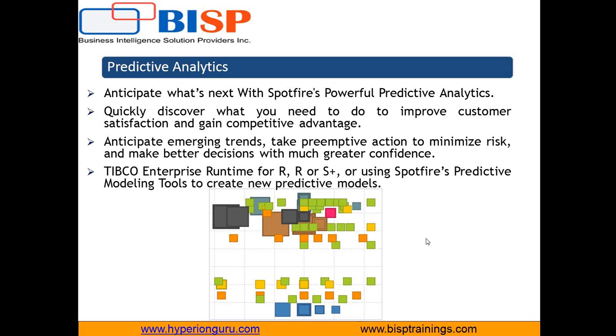So TIBCO Enterprise Runtime for R or S-PLUS are using Spotfire's predictive modeling tools to create new predictive models. So these are the statistical languages you need to know to do this predictive modeling. But the engines, as I said, are integrated within Spotfire now.